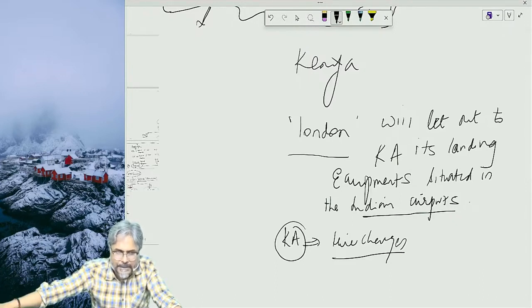British Airways and Kenya Airlines are non-resident and they do not have any physical presence in India. Full stop.